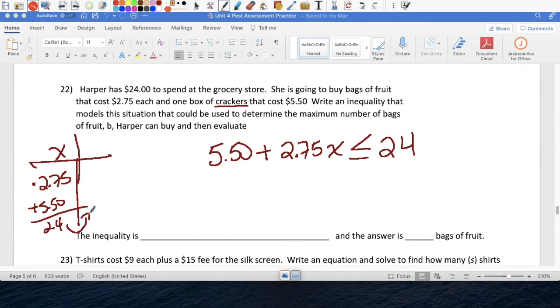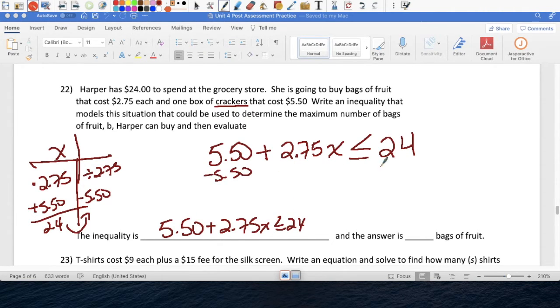So we're going to go back and we're going to do minus 5.50. Then divide by 2.75. So on this line, the first thing I want you to write is the inequality. So minus 5.50, minus 5.50. Cross that out. And then 24 minus 5.5 equals 18.5.